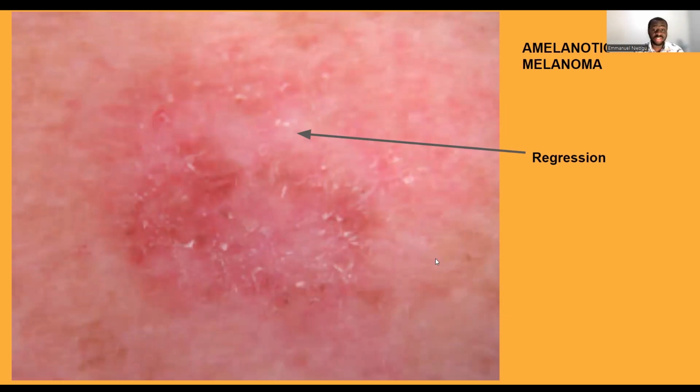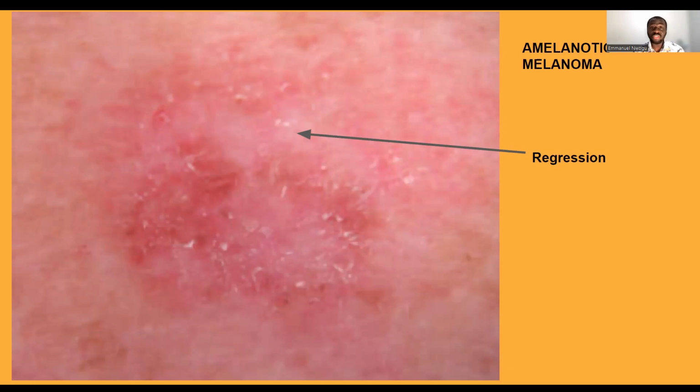Look at the surrounding skin is light, so this is Caucasian skin. Then you can see the irregular margin of the lesion. Okay, this looks more of an erythematous lesion than a pigmented lesion, where you can see areas of regression, whitish areas that demonstrate that there's some destructive process and fibrosis going on.